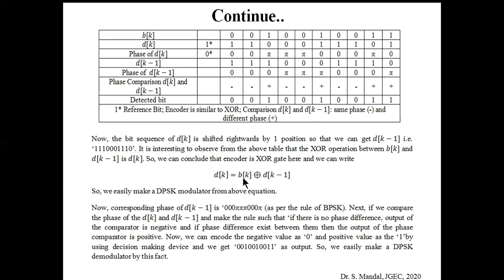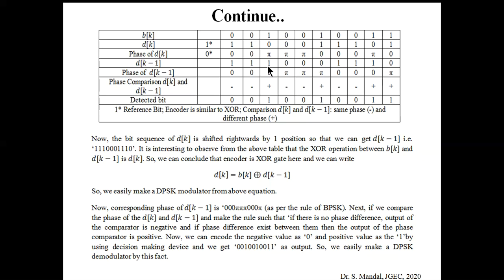So we can write DK is nothing but BK XOR DK minus 1. You know that for XOR between 0 and 1, the output is 1. So this one is 0, this one is 1, so the output is 1.